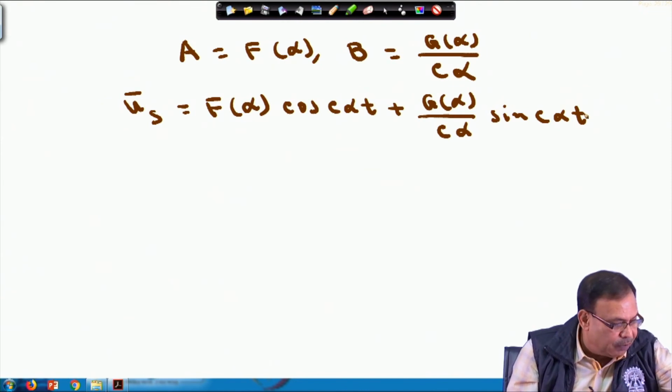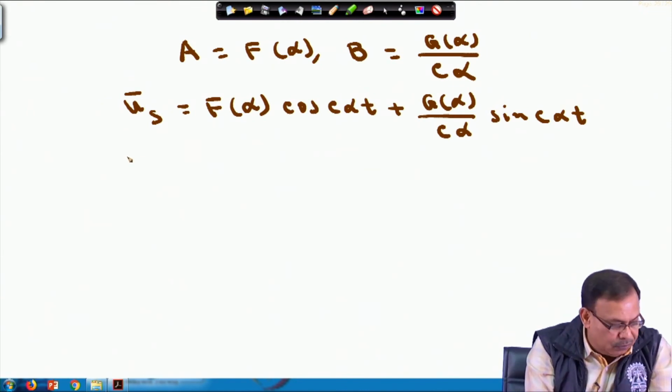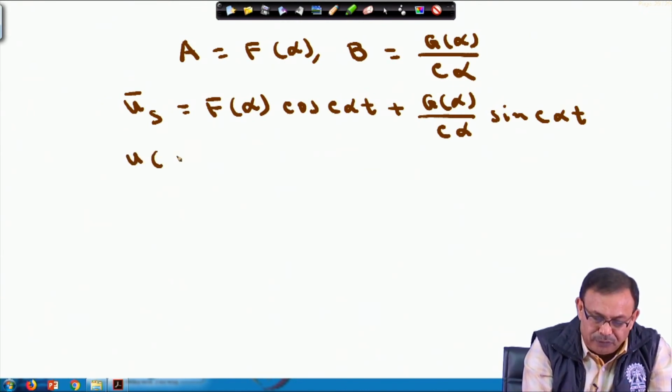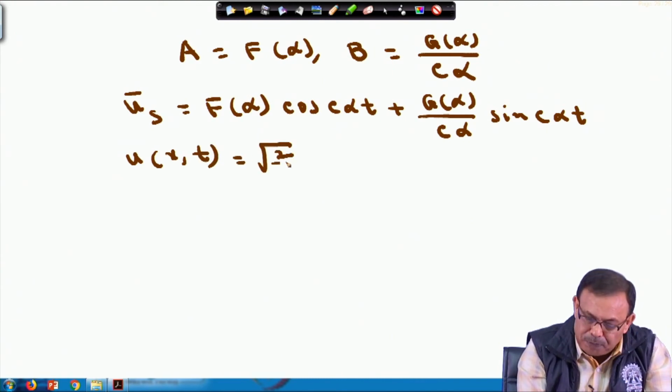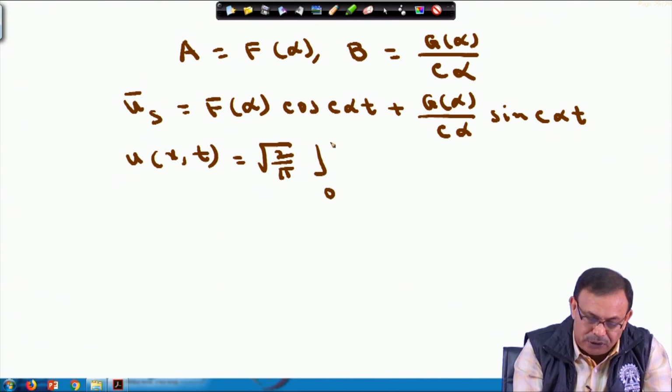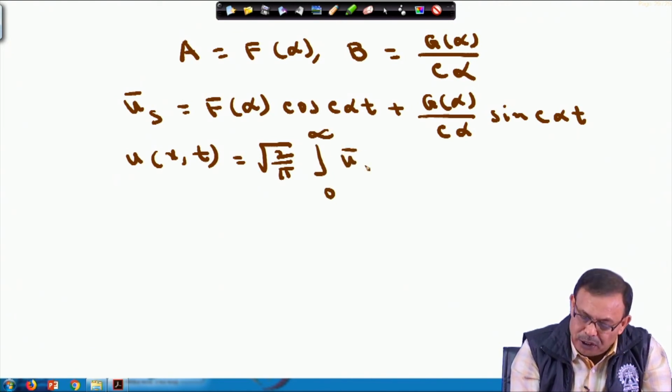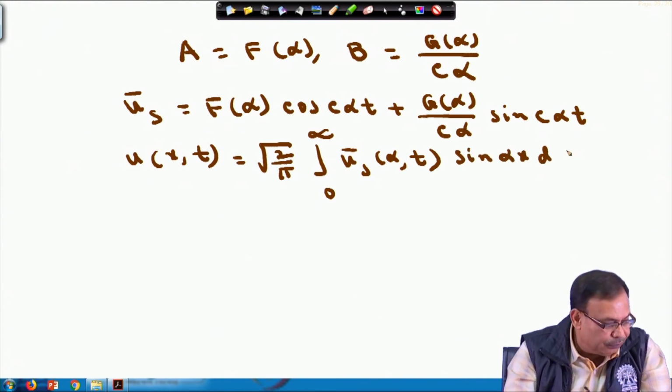And once I have written this, you can write down u(x,t) using the inversion formula, root over 2 by pi, integral from 0 to infinity, u bar s alpha t into sine of alpha x d alpha.